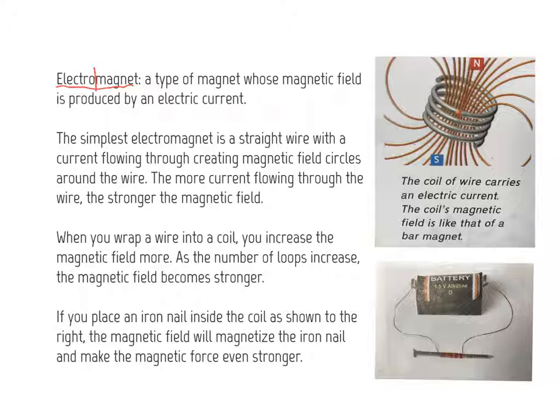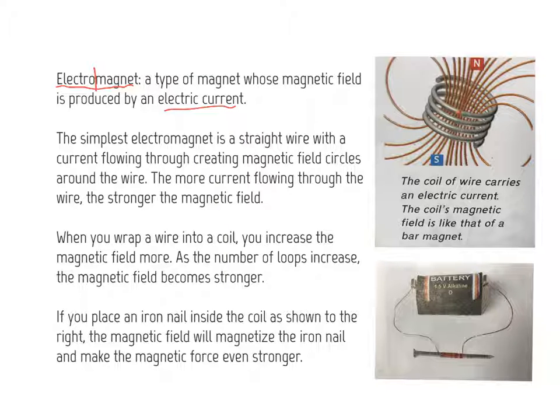A magnet. So just by decomposing those words, I can assume I'm going to be creating a magnet using some type of electricity. So an electromagnet is a type of magnet whose magnetic field is produced because of an electric current. So an electric current itself can create a magnetic field.